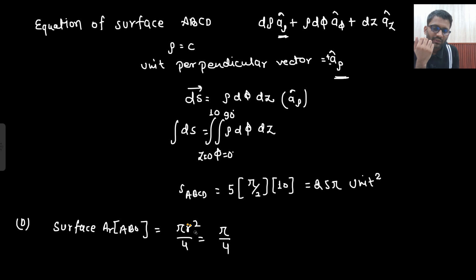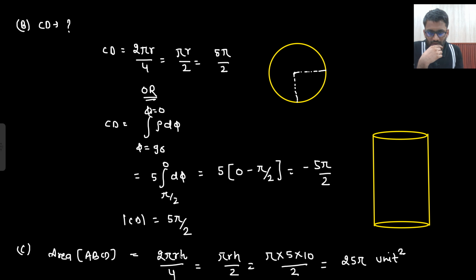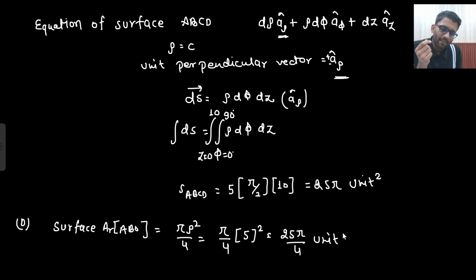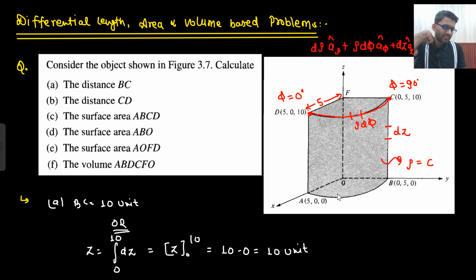Here I should have written ρ actually, in place of r, because radius is represented by ρ here. So π by 4, what is the value of r? That is 5 square. So 25π by 4 meter unit square, right? I hope you understood this was a complete circle, π ρ square divided by 4.